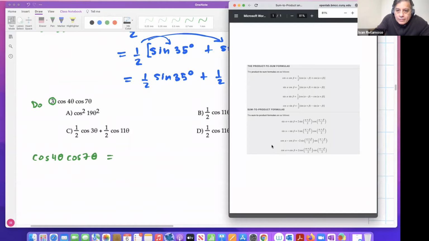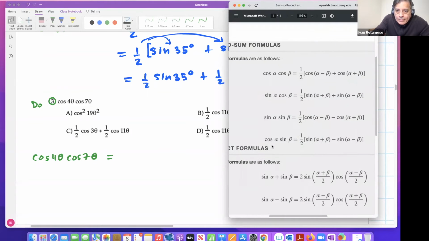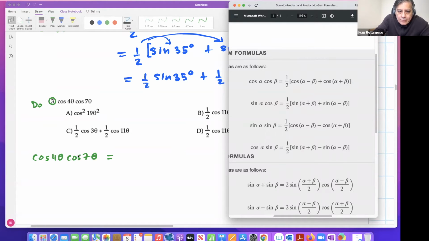And for that, I'm going to show you here the formulas. Look, we are dealing with cosine first, next cosine. So look for that. The first one, right? Cosine, cosine. Use this formula: 1/2 of cosine of the difference plus cosine of the sum. Okay, use the formula. Go ahead.